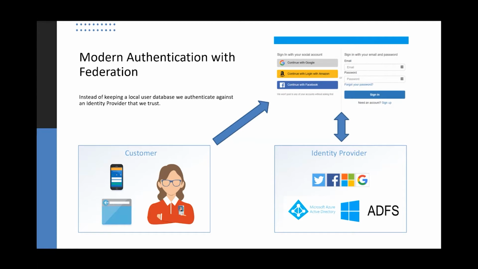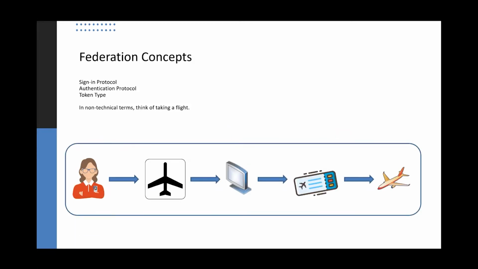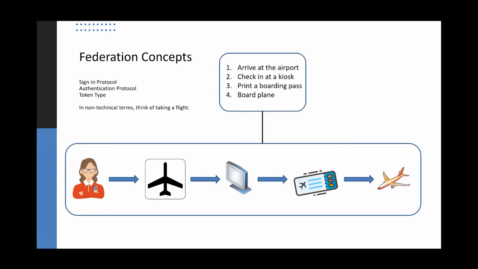To understand this process, we're going to talk about a few federation concepts. The main things to get your head around are sign-in protocols, authentication protocols, and token types. If we take this to a non-technical scenario, the example of taking a flight, back when we felt comfortable with that before coronavirus, we would arrive at an airport, find a kiosk, print a boarding pass, and that would allow us to get on an aircraft.